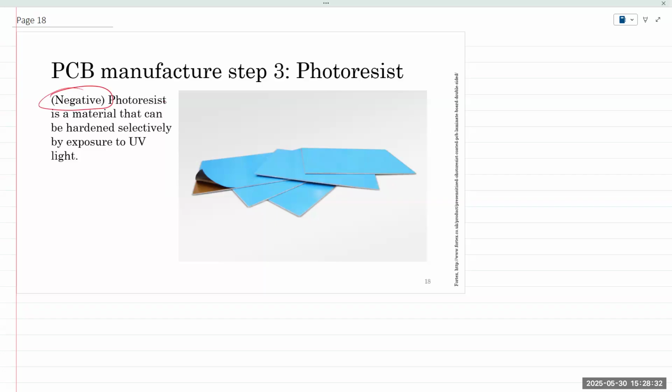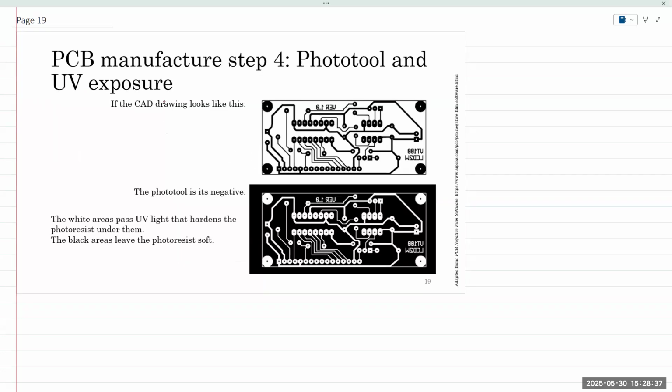And so the pattern is transferred in a process similar to a photographer's darkroom, and a negative imprint is created. If you use a positive photoresist, you would have the exact same print. So positive resist replicates the print.